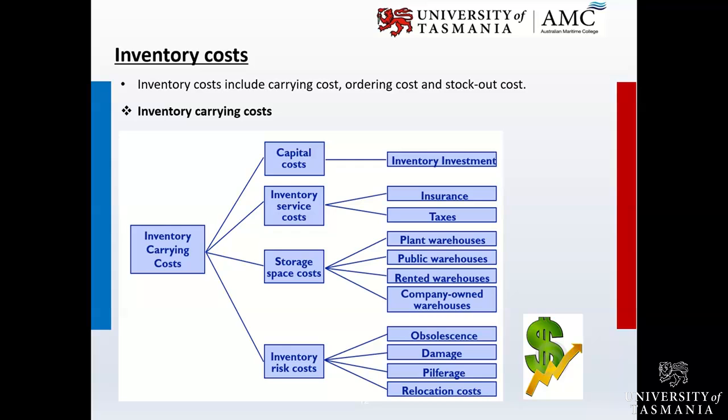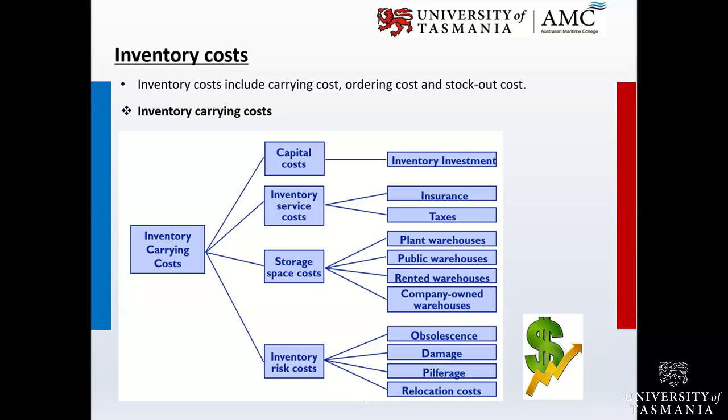First, inventory carrying cost. We look at this figure. It shows the different sub-components for carrying cost. There are capital costs, inventory service costs, storage space costs, and risk costs. Also for each component, there are specific cost elements or cost items.